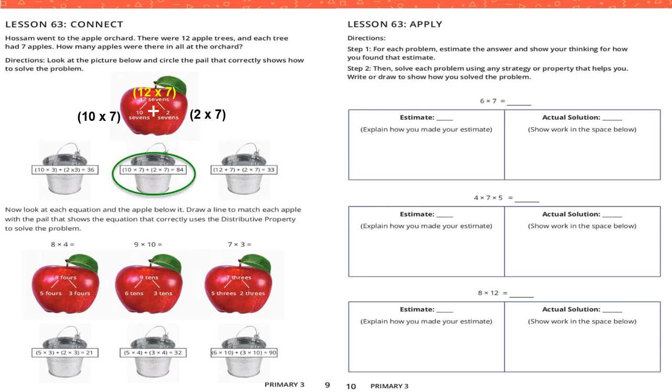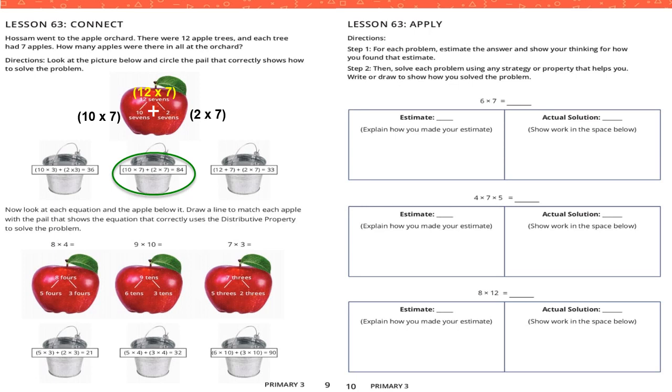The third one, 12 plus 7 plus 2 times 7. No, it's very wrong. I have here in the first bracket plus, and in the second bracket I have times, so it's wrong, okay? So the correct pair is the one in the middle, okay?